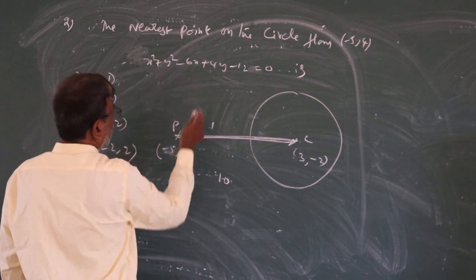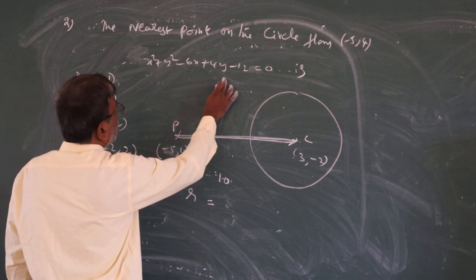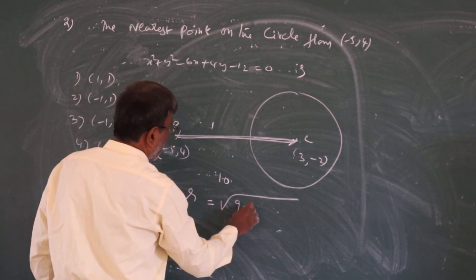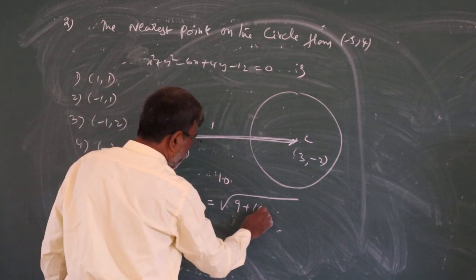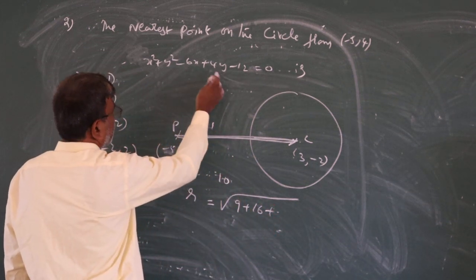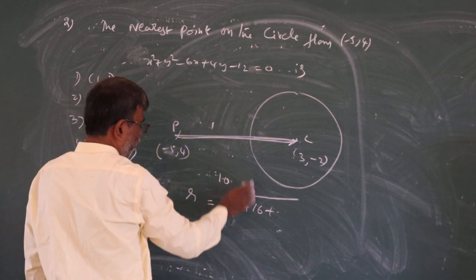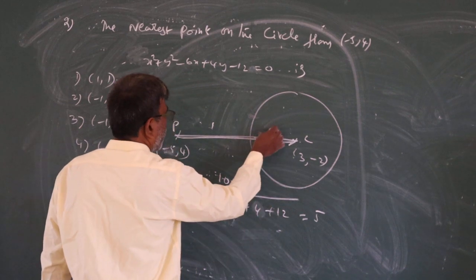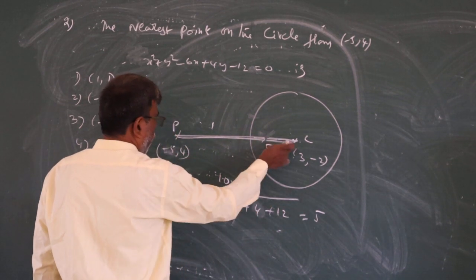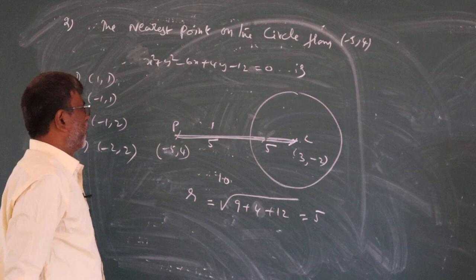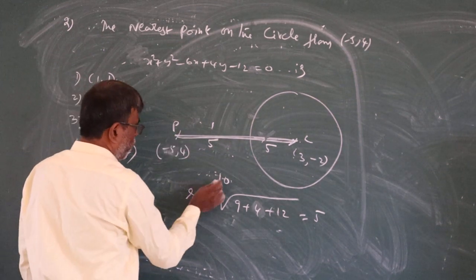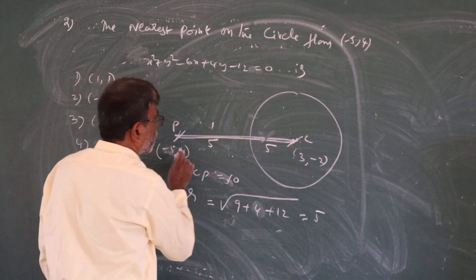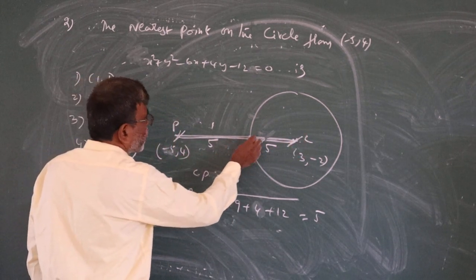The radius r is root of (g square plus f square minus c), that is 9 plus 4 plus 12, that is 25, so the radius is 5. So remember that the distance CP equals 10. The distance from here to here is 10. This is 5, and the radius is also 5.